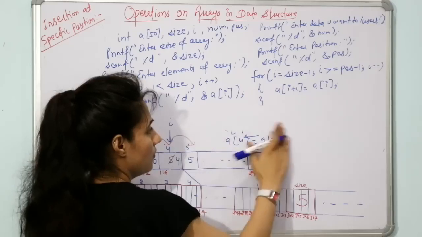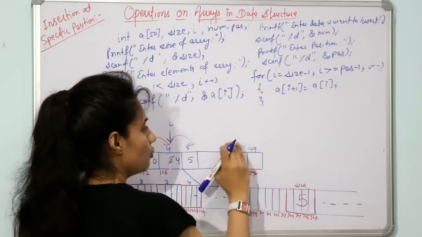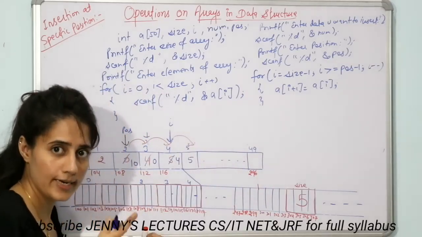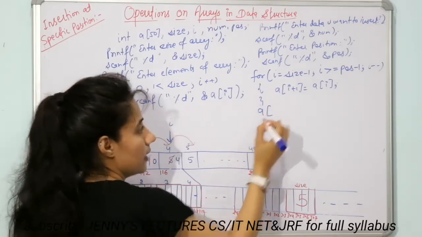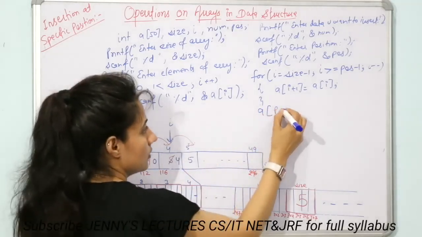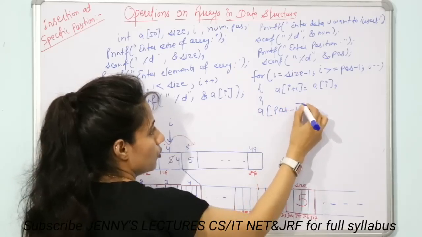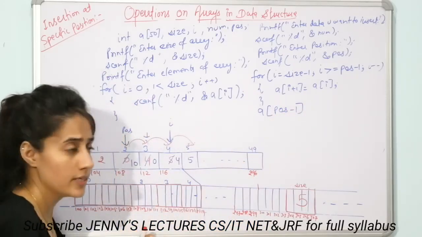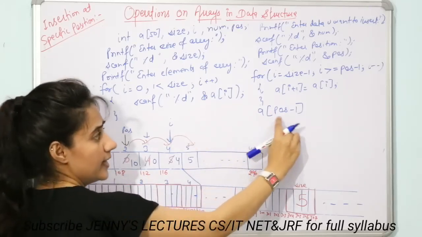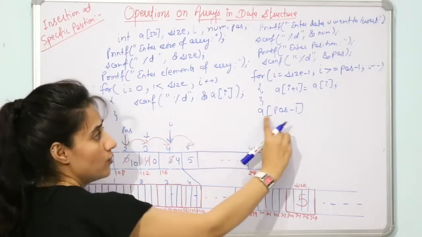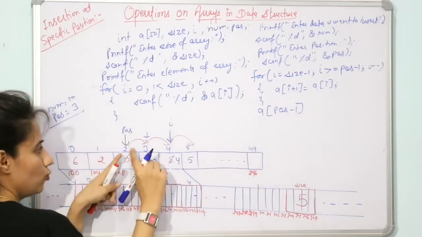So now after this for loop, you are going to insert the data into A of position minus 1. See, position is 3, but we are dealing with index, na? So A of 3 minus 1, that is A of 2.